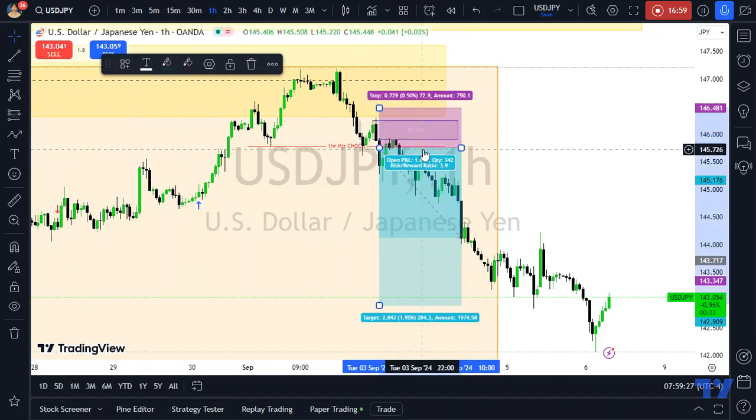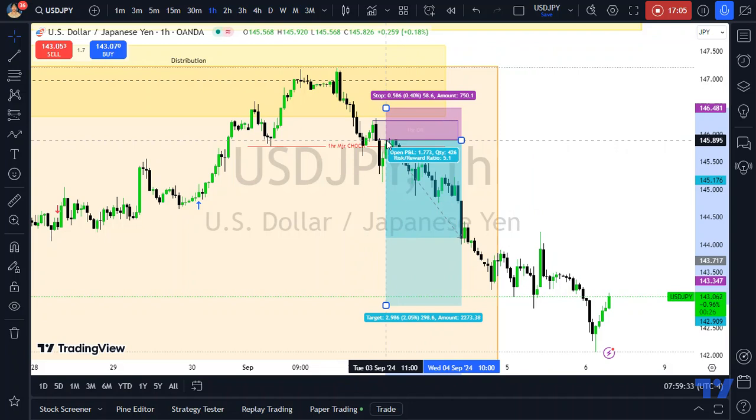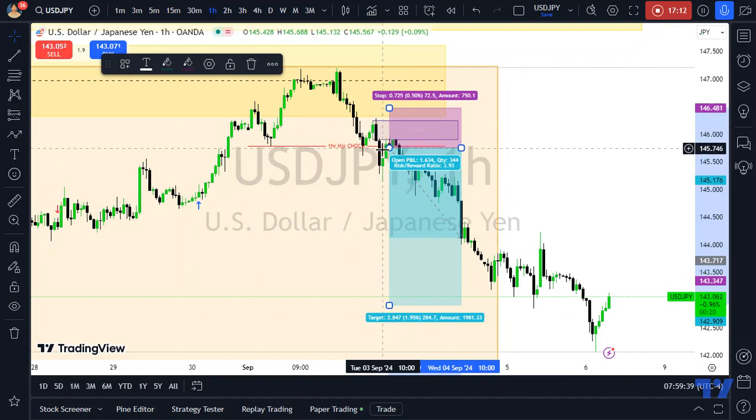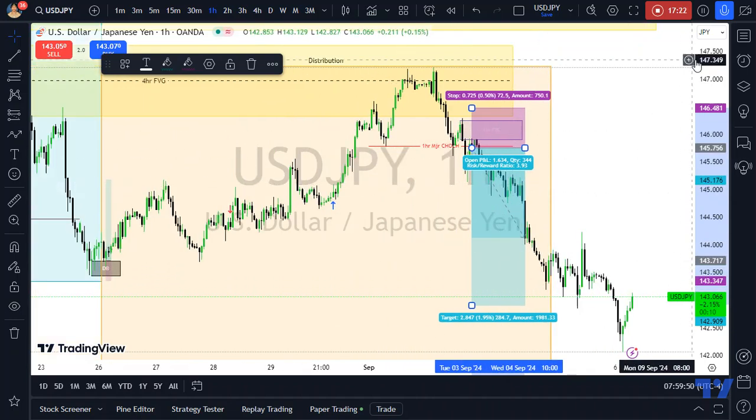I got in exactly right here. The better entry would have been at this order block, but I got in just as price started to retrace, a bit later than we actually wanted. But as you can see, price went in my direction and started dropping down.